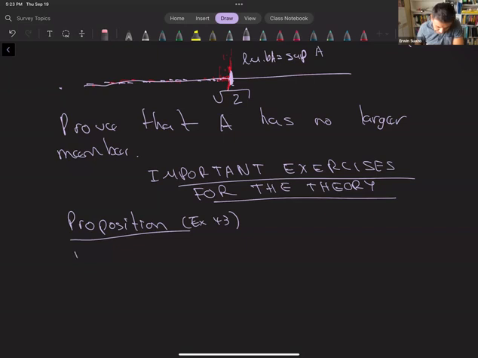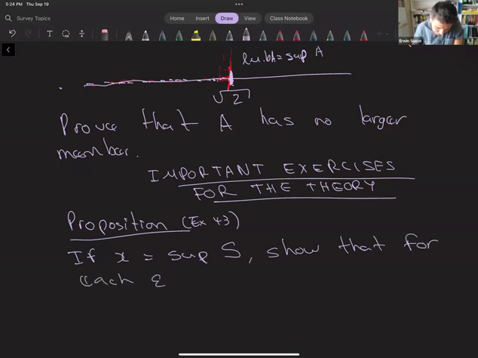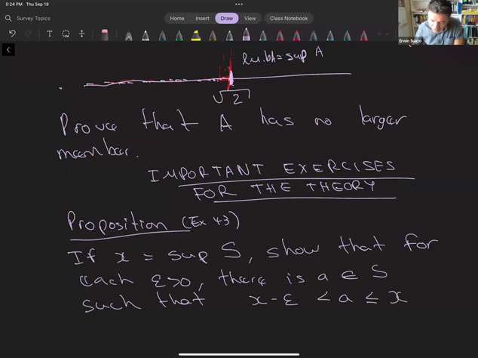It says, if x equals the sup of a set S, show that for each epsilon bigger than 0, there is an a in the set S such that x minus epsilon is less than a and a is less than or equal to x.